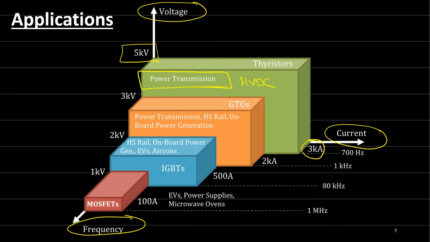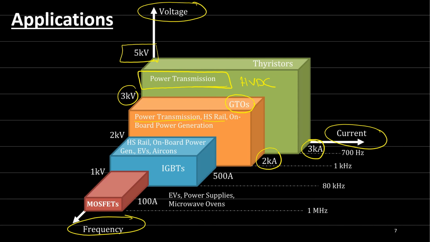If you talk about other thyristors, which are the gate turn-off thyristors, GTOs, the fully controlled thyristors, you'll find that these devices can operate at higher switching frequency than the thyristor, but they can operate at a bit lower current and voltage rating, and they are useful in power transmission applications, high-speed rails, onboard power generation, and so on. Okay?